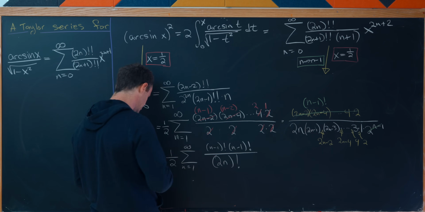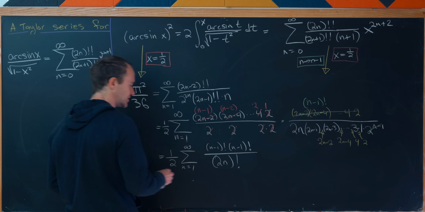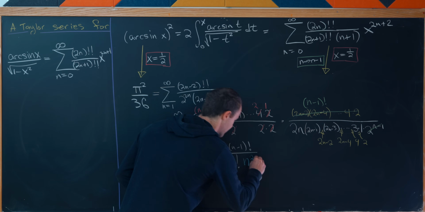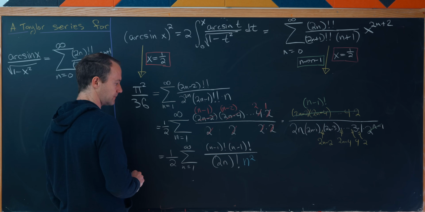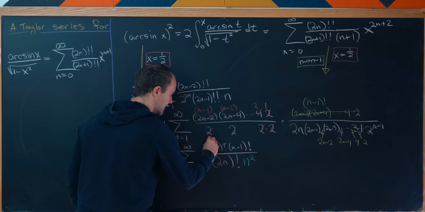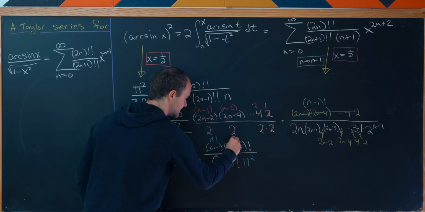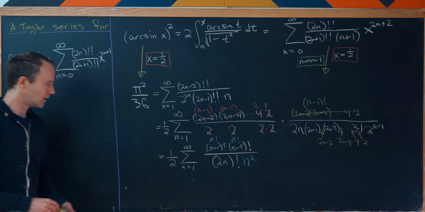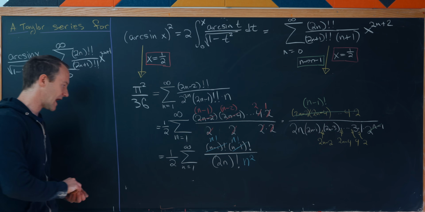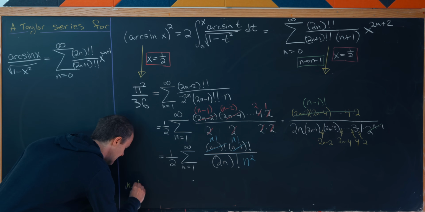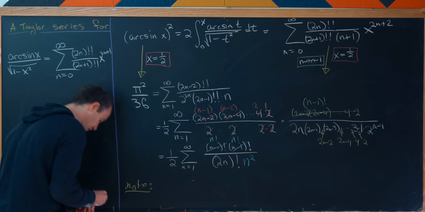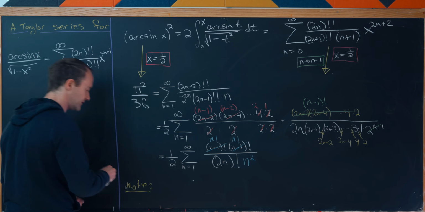I'll also do one more simplification here, and I'll multiply the numerator and the denominator by n squared. So that'll change the numerator into n factorial times n factorial. Okay, but now the most important thing to notice here is that we have a reciprocal of a central binomial coefficient.